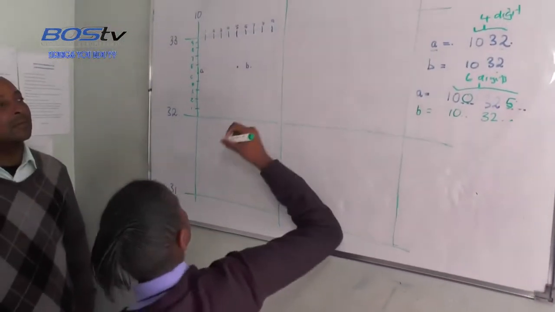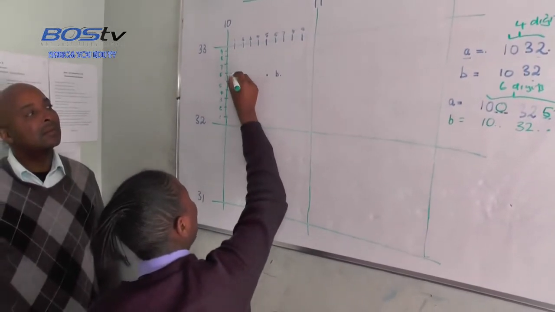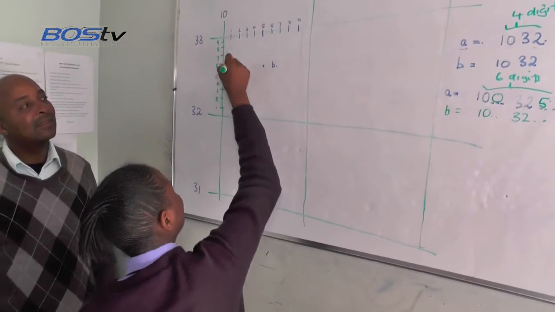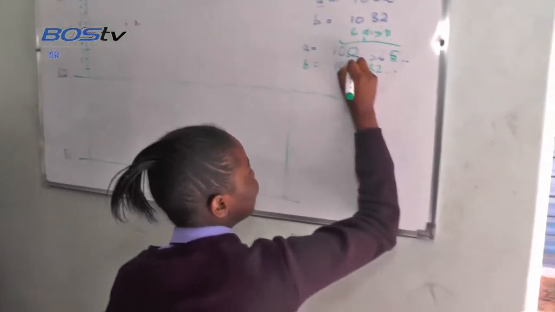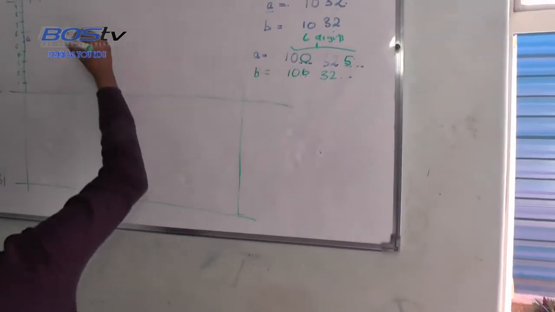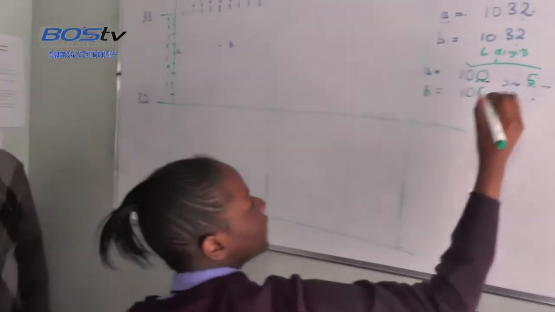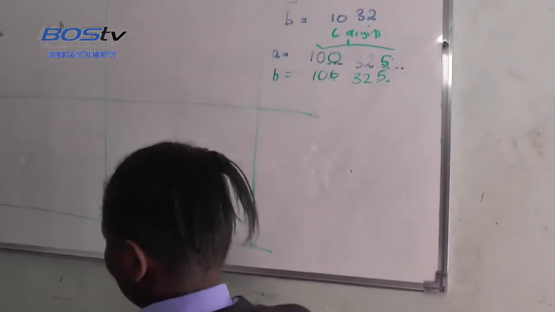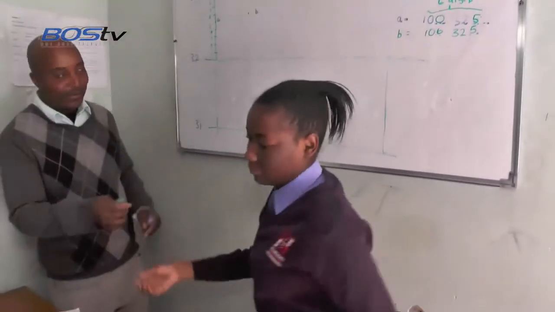So for the eastings, it's on 6. So we write 6. And then for the northings, B is on 5. So we write 5. So this is our 6-figure grid reference. I will leave that one.